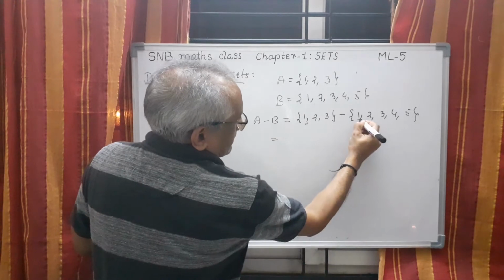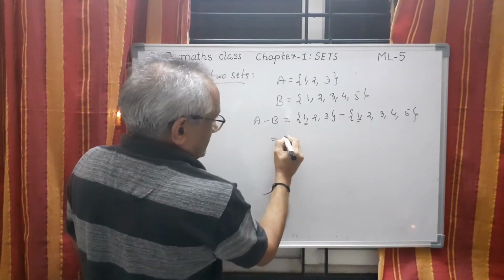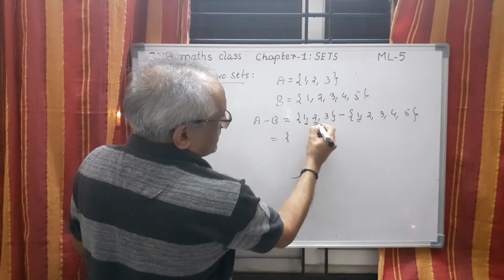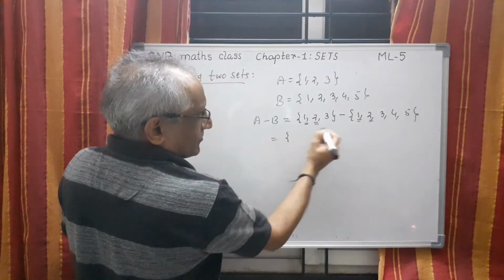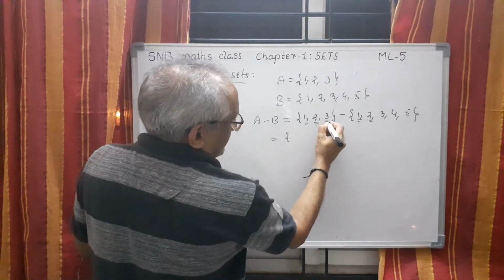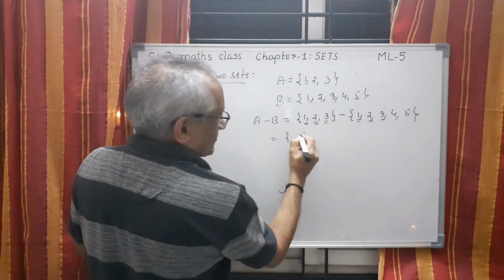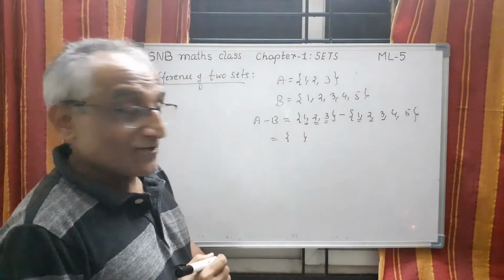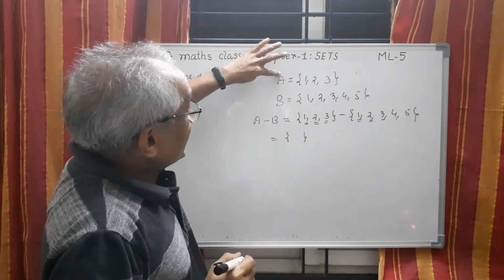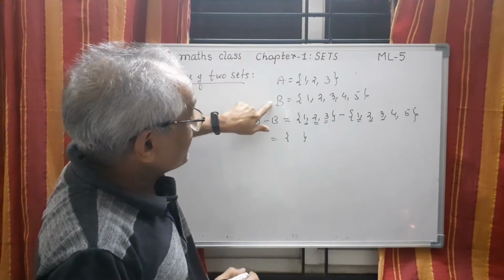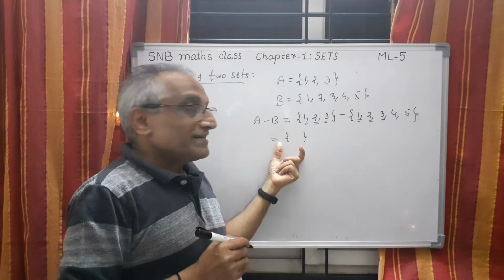See, it is there. Therefore, I cannot take 1. So this is the first thing. 2 is here, 2 is here. Therefore, I cannot take 2 also. 3 is here and 3 is in B also. I can't take 3 also. Over. So this is the empty set. Normally what happens is, if A is a proper subset of B, then A minus B will be 0.